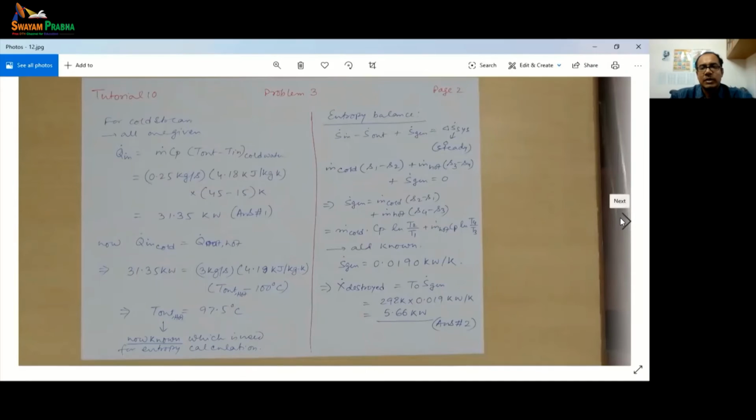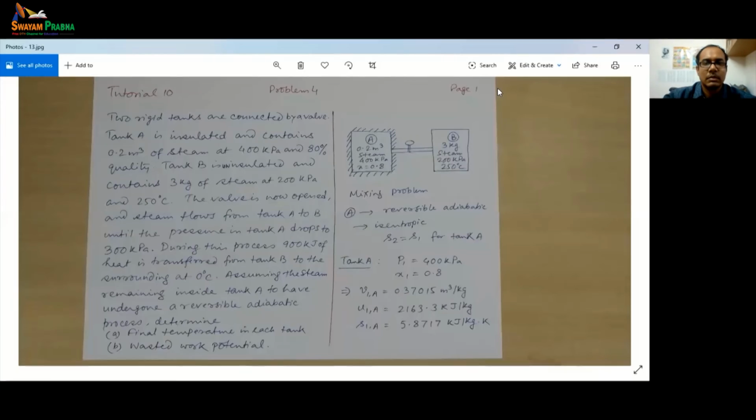And we have seen that exergy is also getting destroyed, even if we don't consider any friction or anything, just because of the finite temperature heat transfer, we can lose the work potential, or we can destroy exergy.